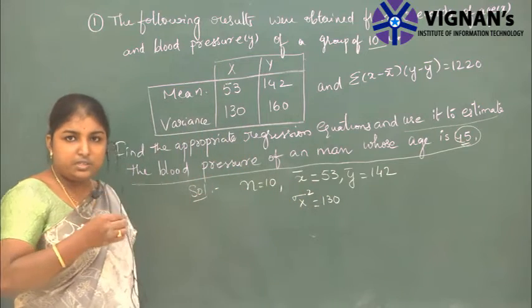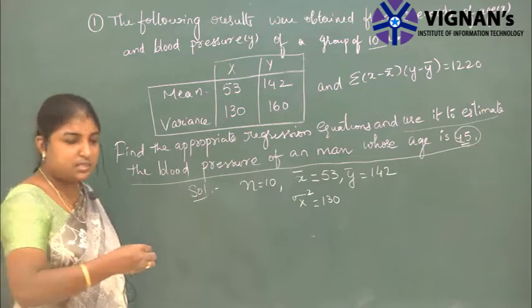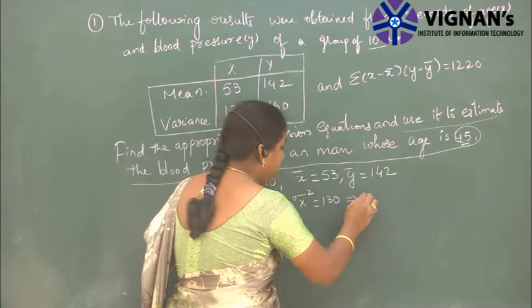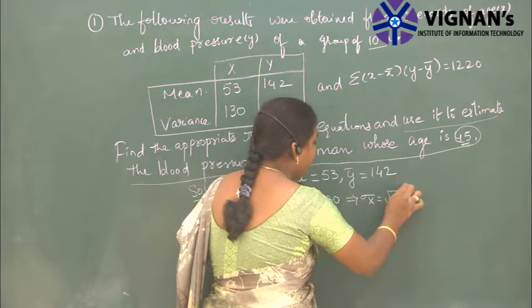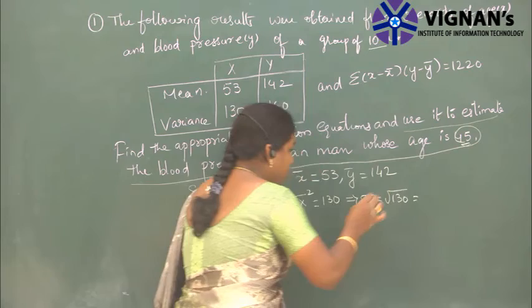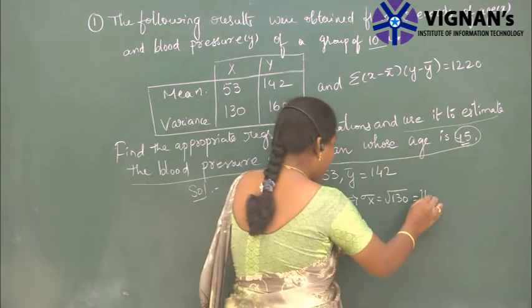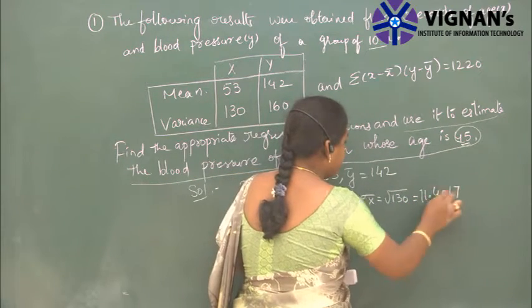But in regression lines we want only sigma x, so sigma x is root over 130, which is equal to 11.4017.